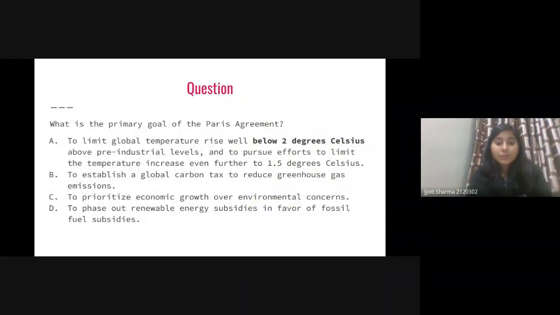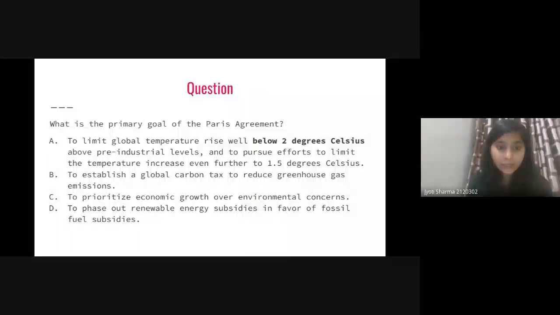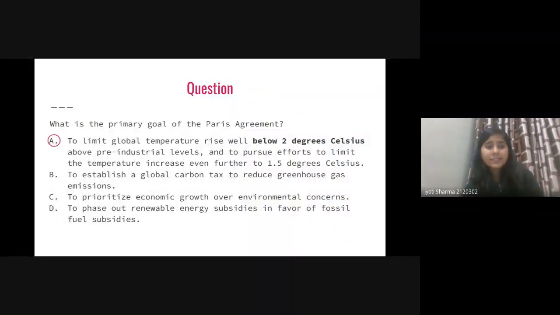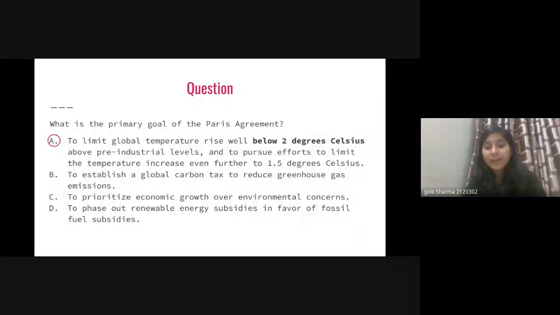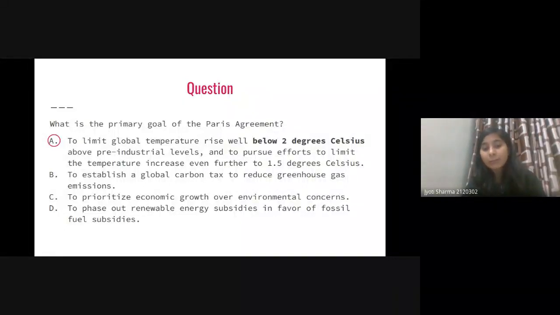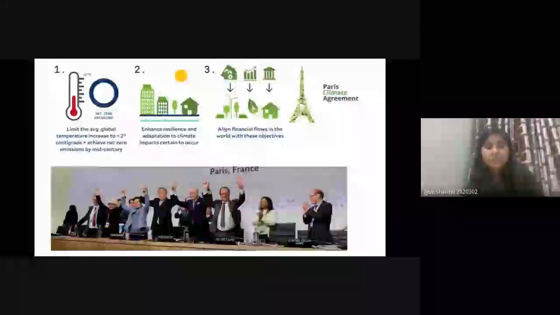Nishad gave me A. Rashmi also gave me A. Alka also gave me answer A. Yes, answer is A. The primary goal of the Paris Agreement was to limit global temperature rise well below 2 degrees Celsius above pre-industrial level, and we do not want to exceed it to the 1.5 degrees Celsius, and this was the primary goal of the Paris Agreement.